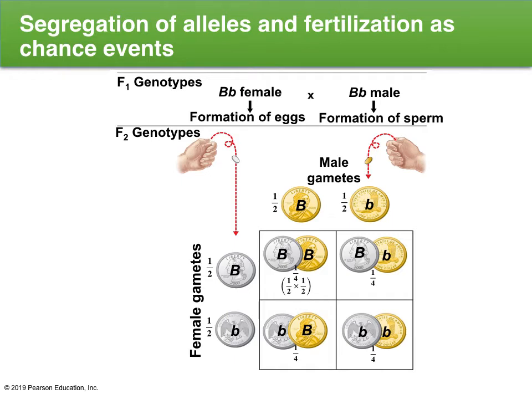Looking at the possible crosses, if this is 1/2 probability that you get this and 1/2 probability you get this, okay, 1/2 times 1/2 is 1/4, right? So 1 times 1 is 1, 2 times 2 is 4. So the probability of getting 2 copies of the dominant is 1 out of 4. Similarly, 50% chance you'll get a recessive here, 50% you get a recessive here. So another 1/2 times 1/2, 1/4 probability of getting that homozygous recessive.